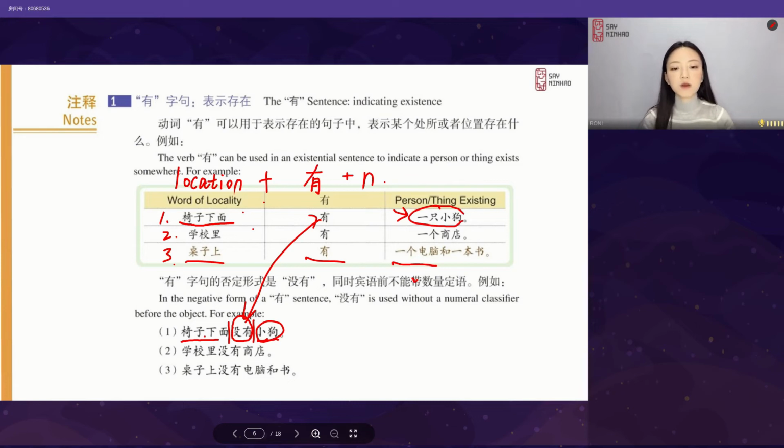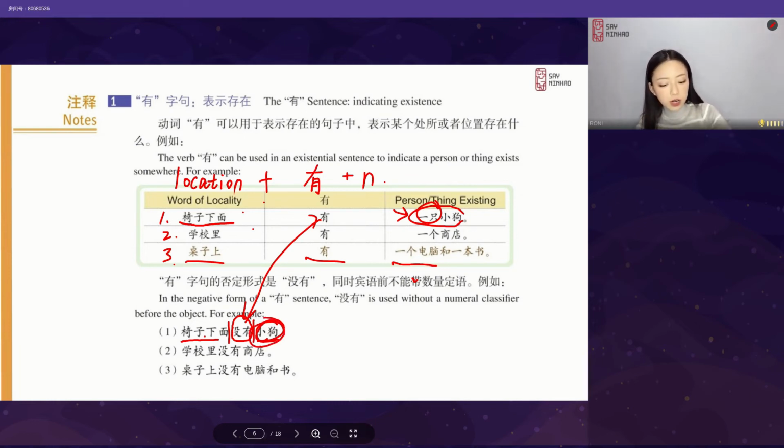In the positive form, we can see there is a numeral classifier, 一只, one dog, right? 一只, a number plus a measure word. But in the negative form, we cannot see the numeral classifier. So this is what we need to pay attention to. In the negative form of the 有 sentence, which is 没有, we won't use a numeral classifier before the noun, the object of the sentence.